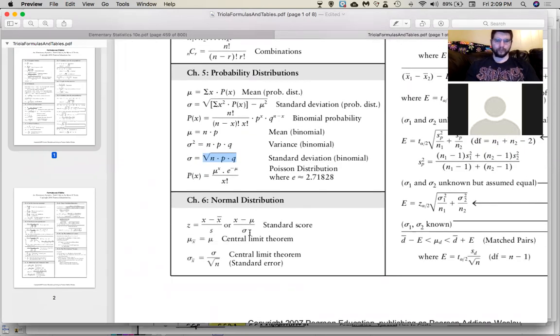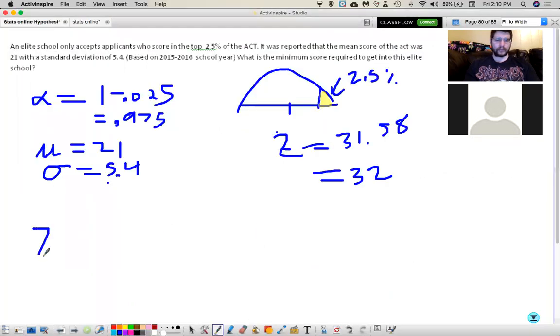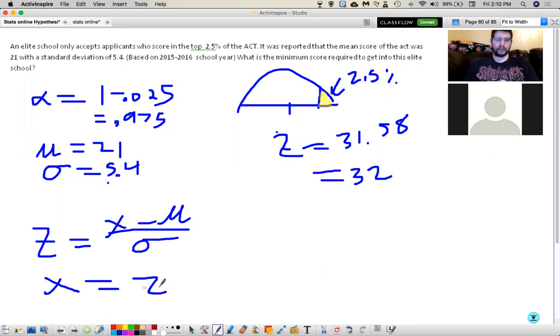Oh, this one. Z equals x minus mu over sigma. Do a little bit of algebra. X equals z times sigma plus mu. Multiply both sides by sigma, add mu. Done. This is the formula.